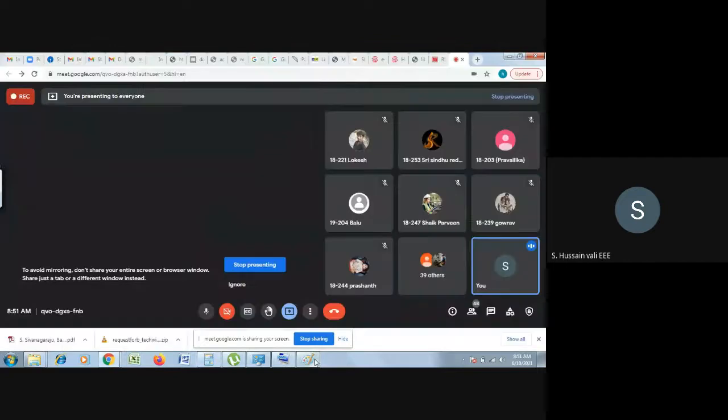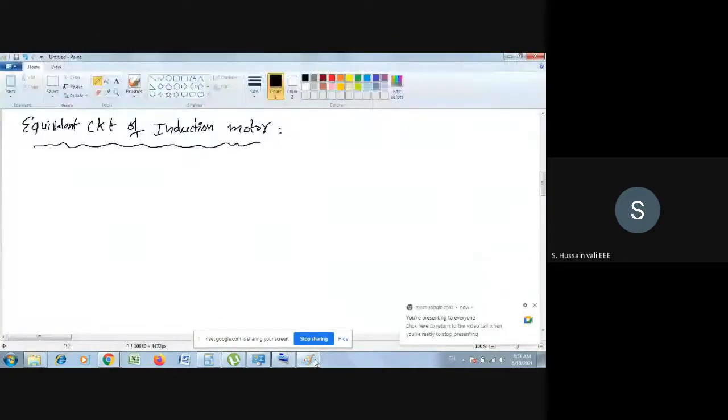What is the equivalent circuit of the induction motor? We'll see here now. I hope you know all this already, but we'll just do it directly. I will draw the equivalent circuit referred to stator.